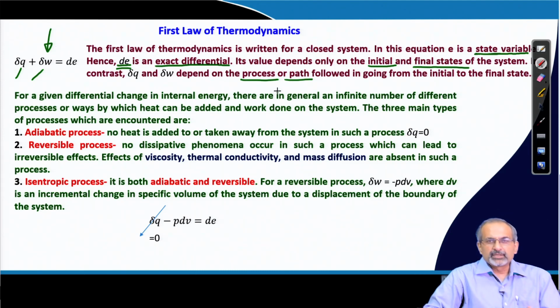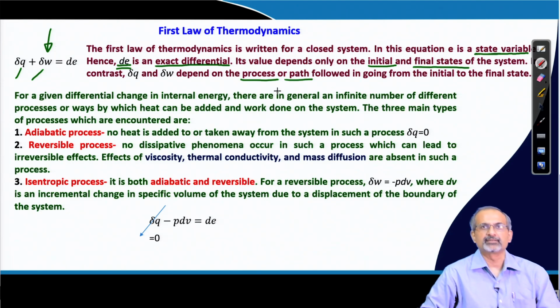So, for a given differential change in internal energy, there are an infinite number of different processes or paths that one can follow, by which heat can be added and work can be done on the system to bring about that change in internal energy.